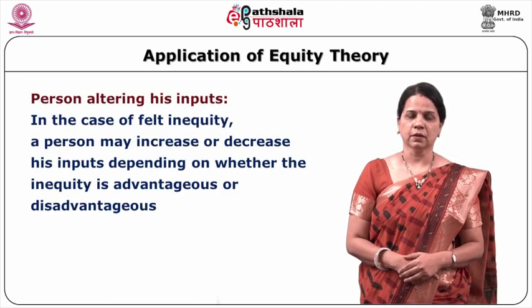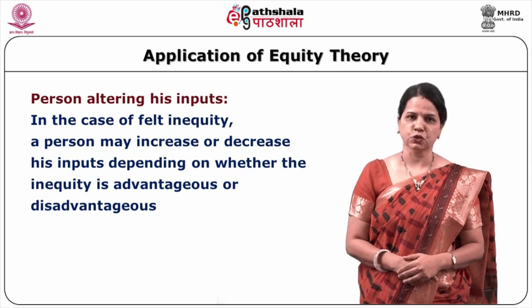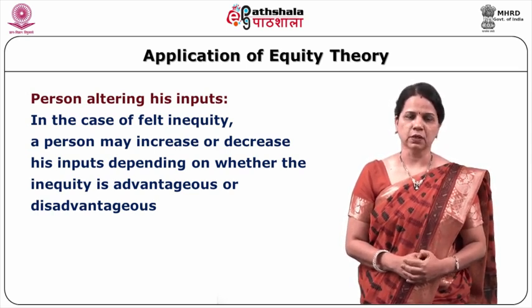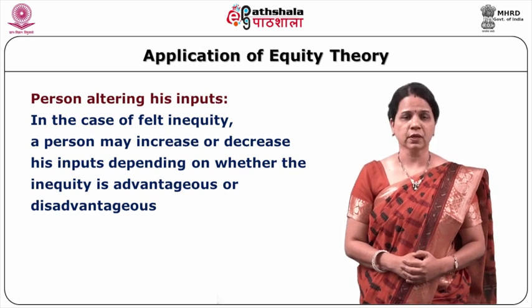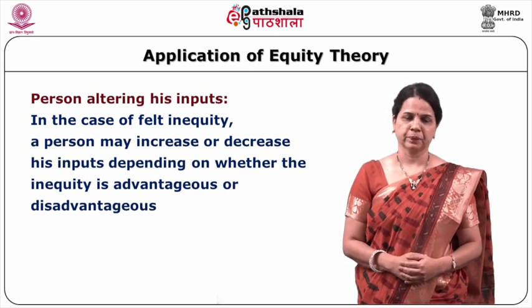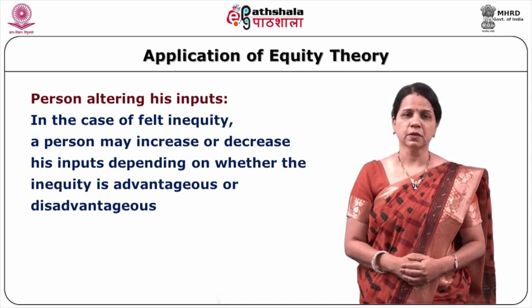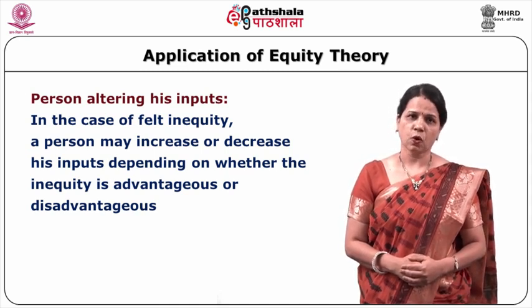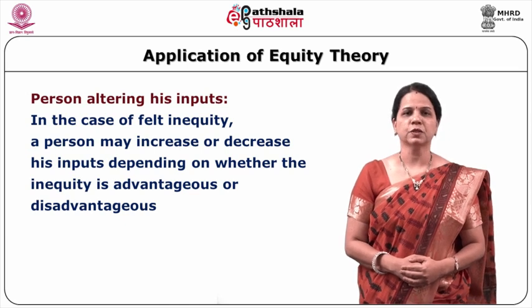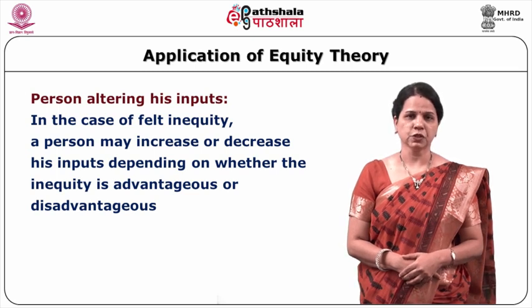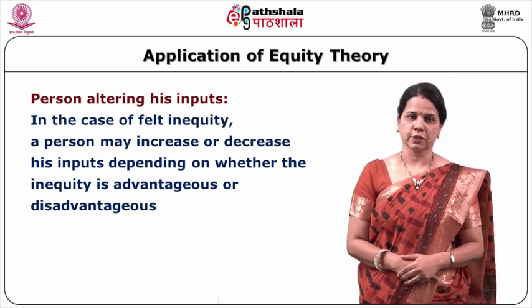Let us see the different equity restoration methods one by one. The first method: person altering his inputs. In case of felt inequity, the person may increase or decrease his inputs depending on whether the inequity is advantageous or disadvantageous.